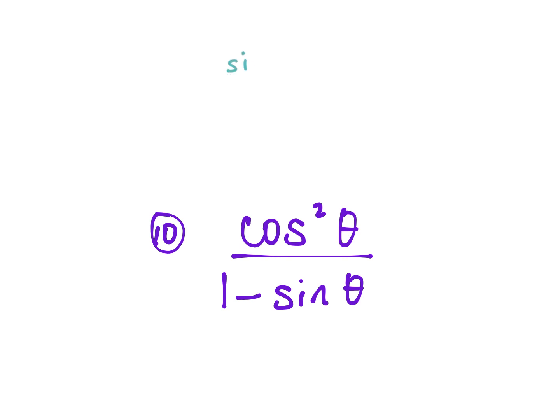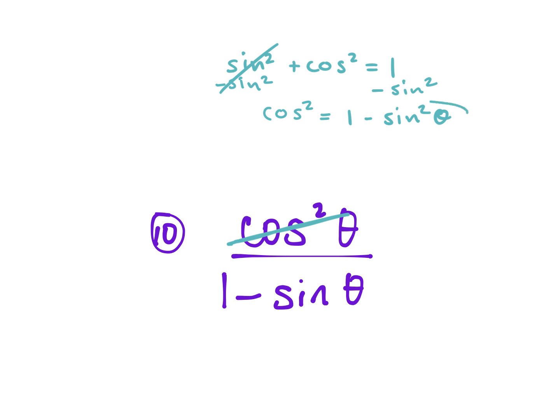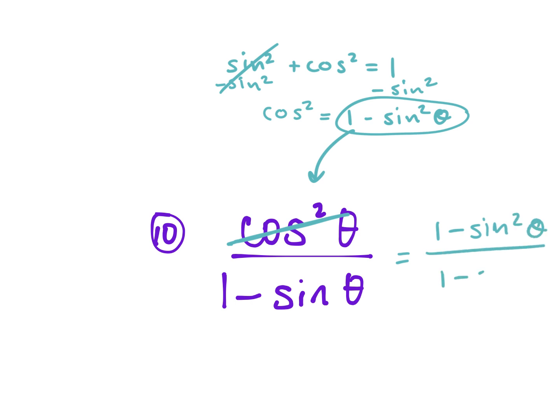So my Pythagorean identity is sine squared plus cosine squared equals 1. If I'm replacing cosine, I want to get cosine all by itself, so I can subtract sine squared. So cosine squared equals 1 minus sine squared. So I'm going to replace cosine squared with 1 minus sine squared. So I have 1 minus sine squared over 1 minus sine.